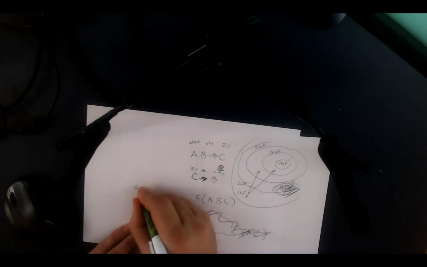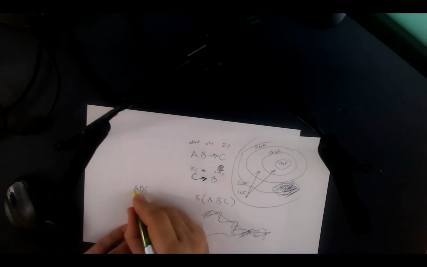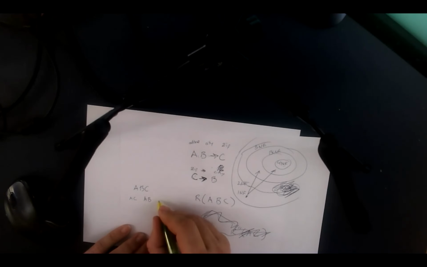ABC is of course a superkey. Is AC a superkey? Yeah. Is AB a superkey? Yes. And what about BC? No, it does not appear that BC is a superkey.